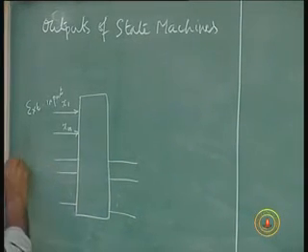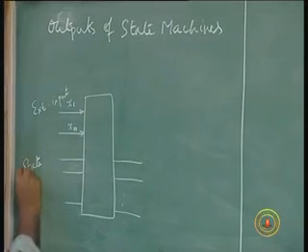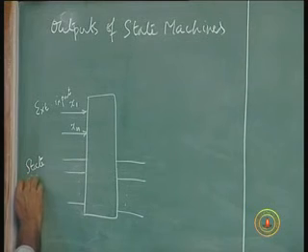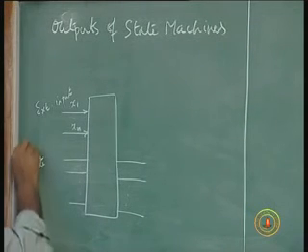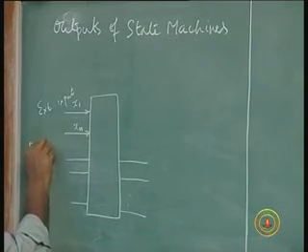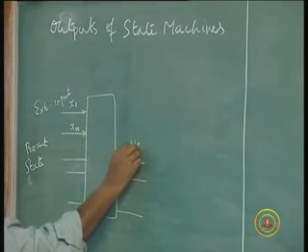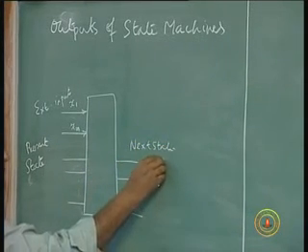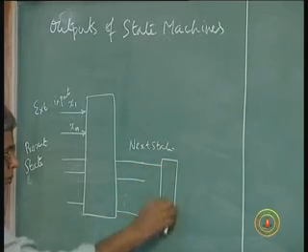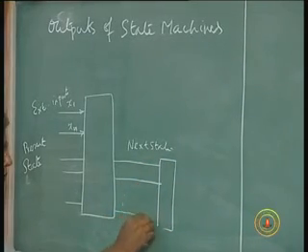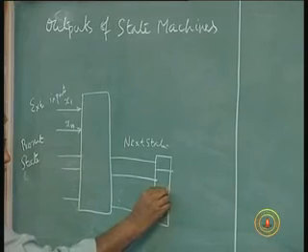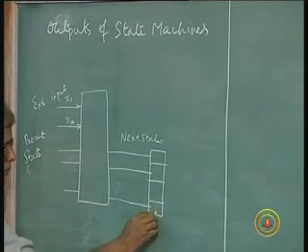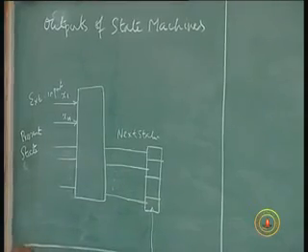We will call these the state variables, or present state and next state. The next state information is stored in flip-flops, clocked by a system clock.